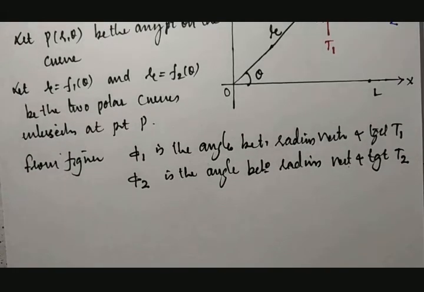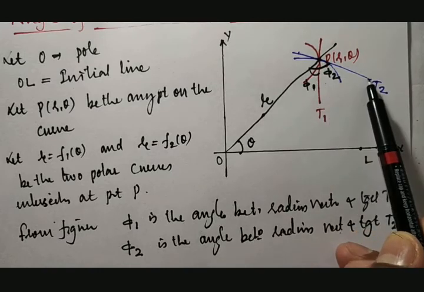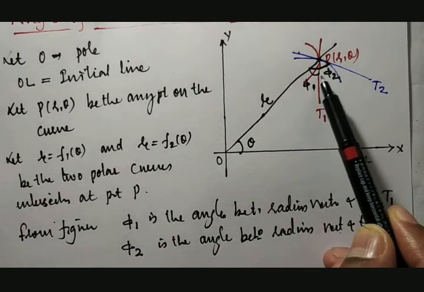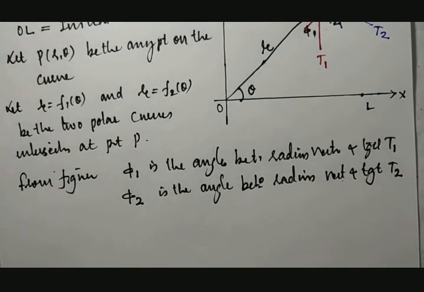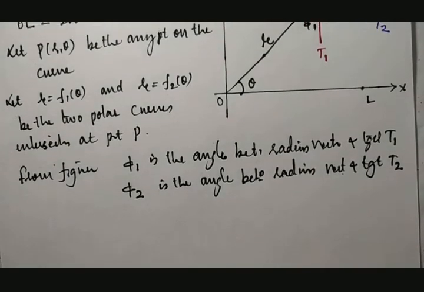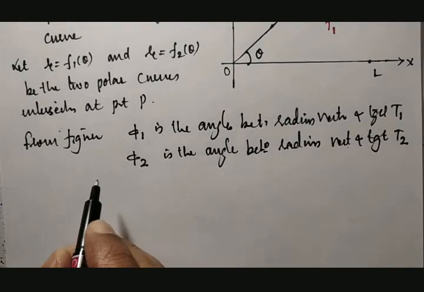Therefore, when we take the angle between these two tangents, this is the first tangent and this is the second tangent, we will be getting the angle between the two curves which are intersecting with each other.